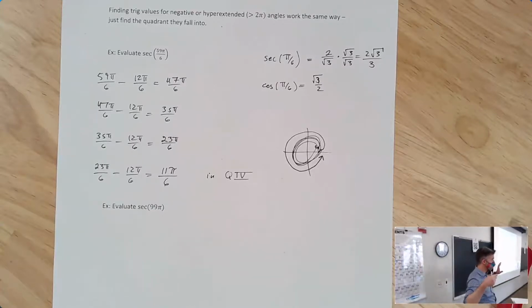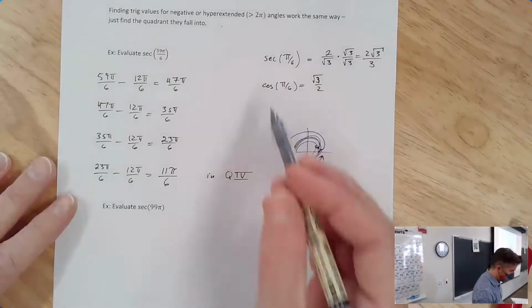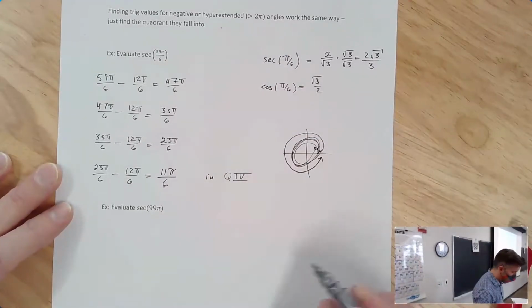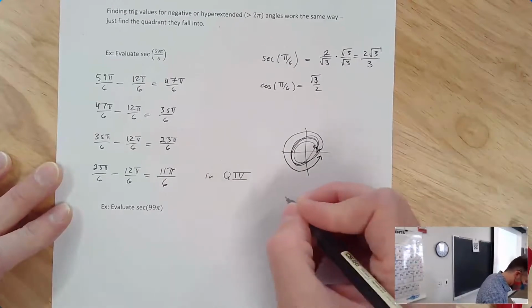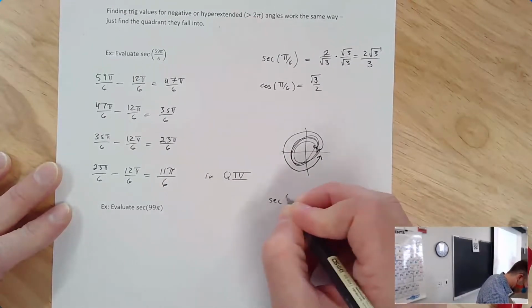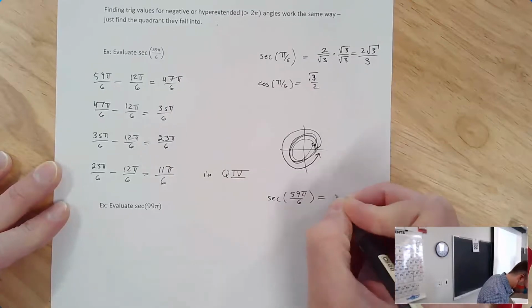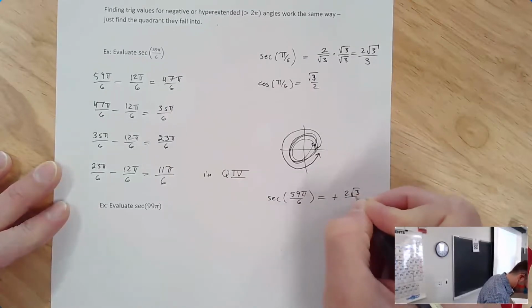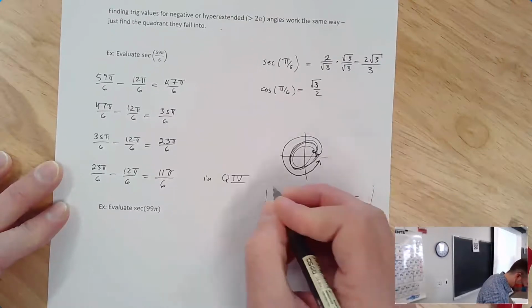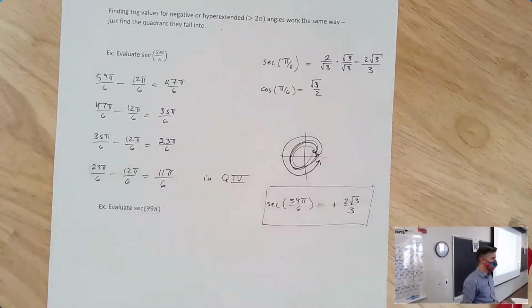You take the reciprocal of a number, you haven't made it all of a sudden negative for some reason. So secant and cosine always have the same sign. So our answer is going to be that secant of 59 pi over 6 is indeed positive 2 root 3 over 3. Do you need to write the positive? No. Do I like to write it to emphasize I know what I'm doing? Yes.